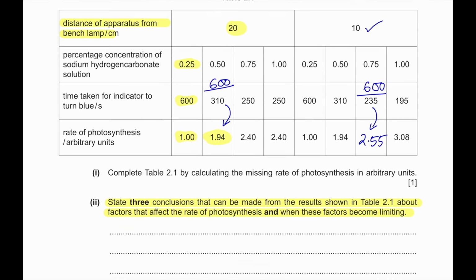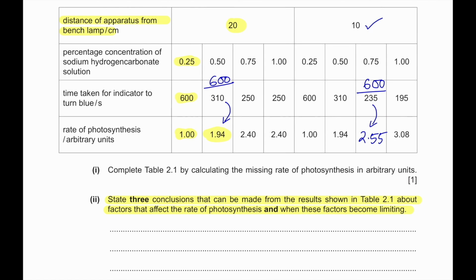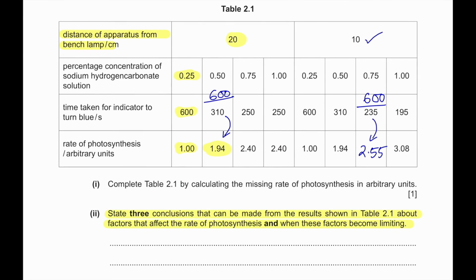In the second experiment, we can see that increasing the sodium hydrogen carbonate solution keeps on increasing the rate of photosynthesis. So increasing hydrogen carbonate concentration increases rate of photosynthesis. Also, increasing light intensity increases rate of photosynthesis.